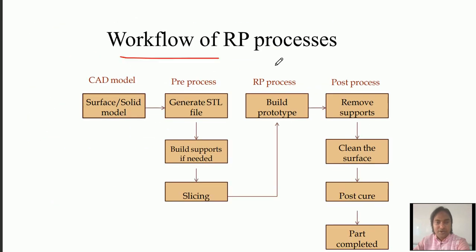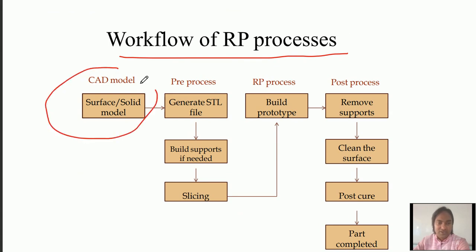So the workflow of the rapid prototyping process in 3D printing: the CAD model is here, solid modeling, then pre-processing generates the .stl file, the STL format for stereolithography.